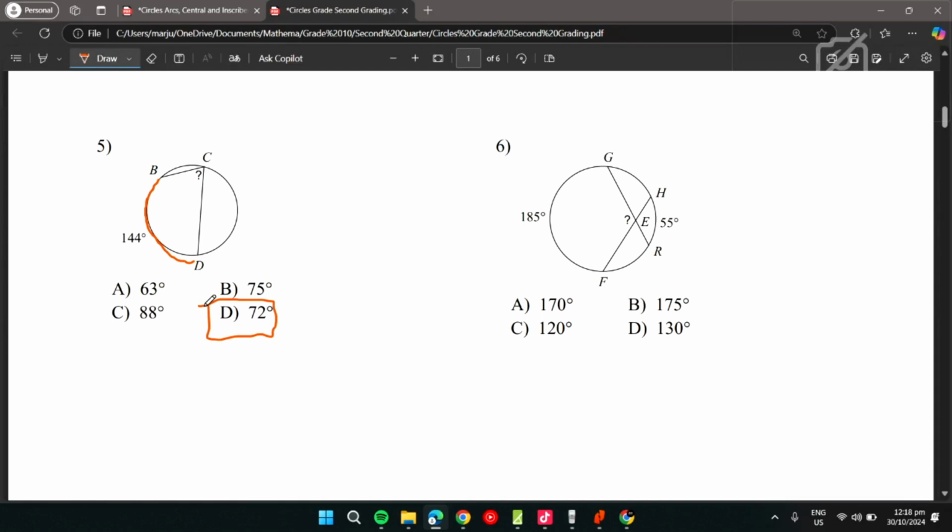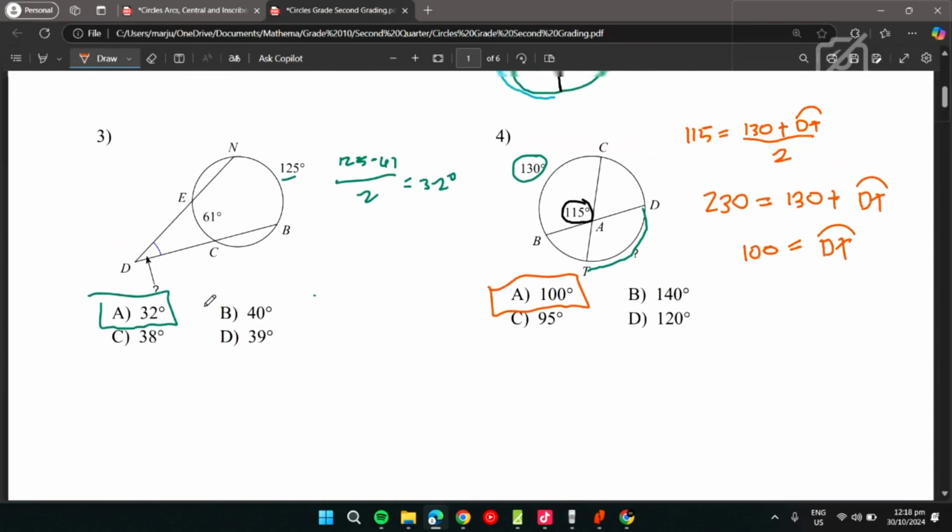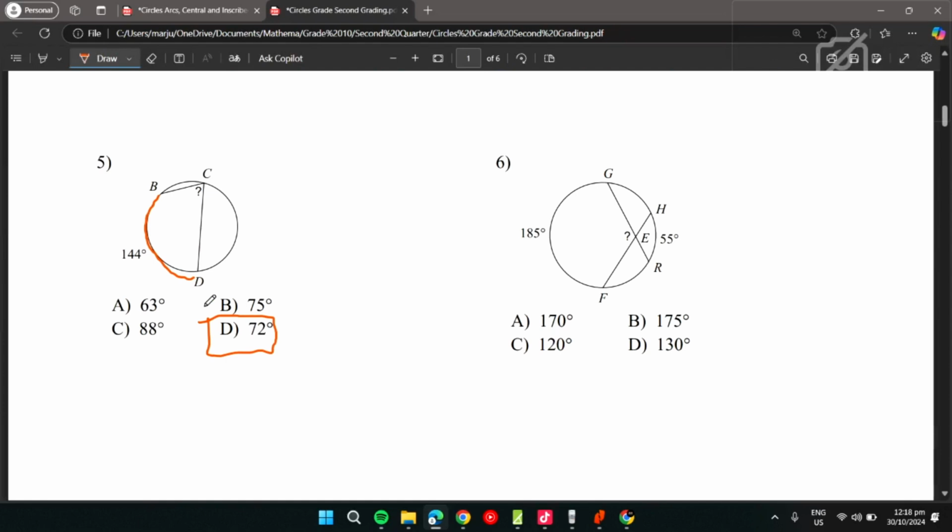Number 6. The same with number 4. What is the measurement of this one? Kindly comment daw yung sagot natin.